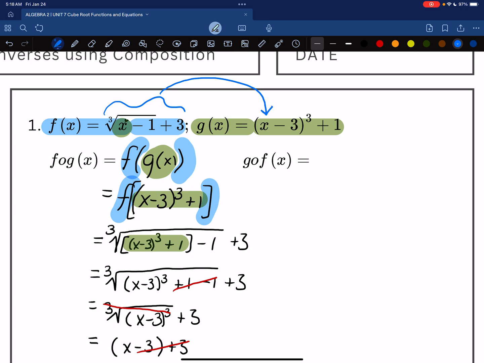F is going to go inside of g. Let's write this down. We have g of f of x. So that f function, my blue function, is what is inside. It's inside of the g. So what is that f function's rule? The f function is the cube root of x minus 1 plus 3.